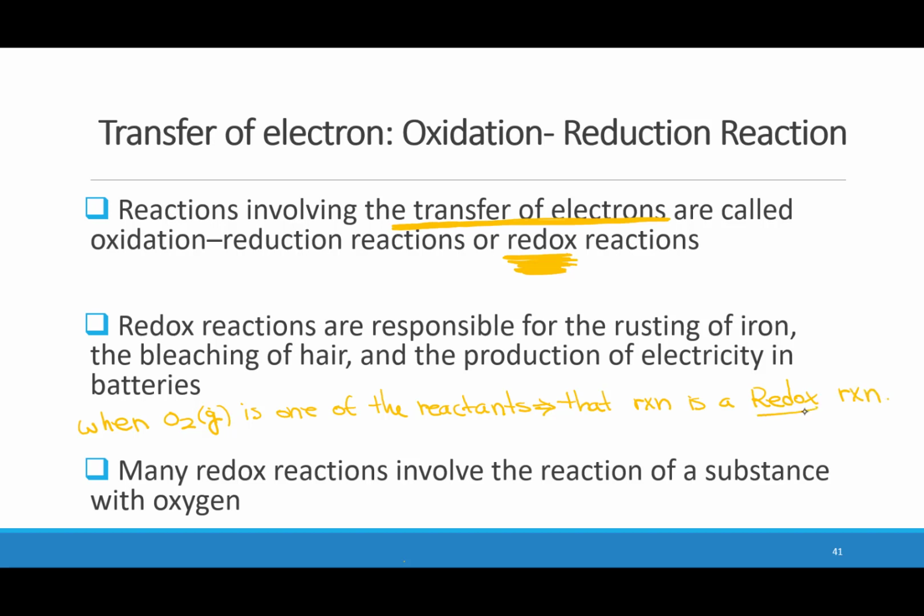Whenever you see oxygen as one of the reactants, that reaction will be a redox reaction, which you will see in my next couple of examples. I will have redox reactions, and you will see that there's a reaction with oxygen, and we have a transfer of electrons.